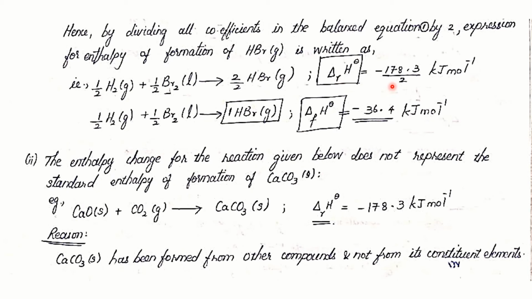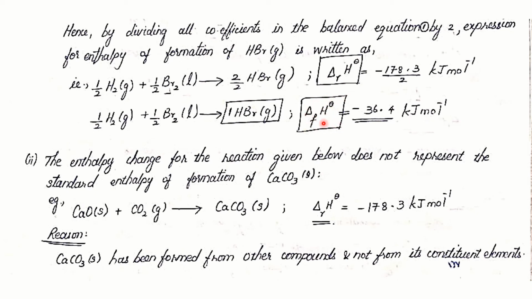Clear? Therefore, when divided by 2, we have half mole of hydrogen reacting with half mole of bromine to produce 1 mole of hydrogen bromide. Clear? Now, since the final equation involves the formation of 1 mole of the product, we write the enthalpy change associated with this reaction not as standard enthalpy change of the reaction, but as standard enthalpy of formation.